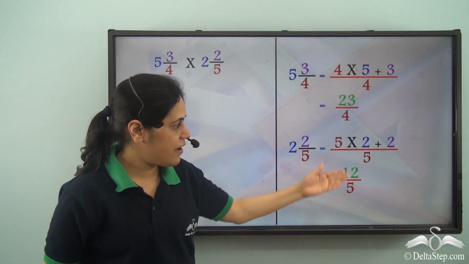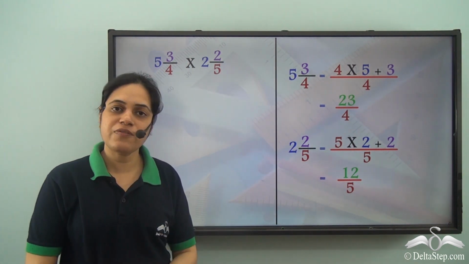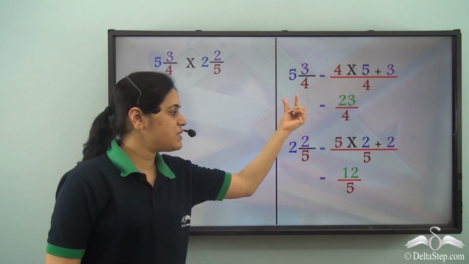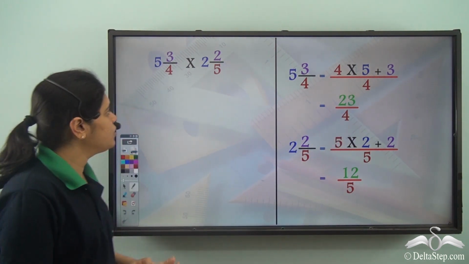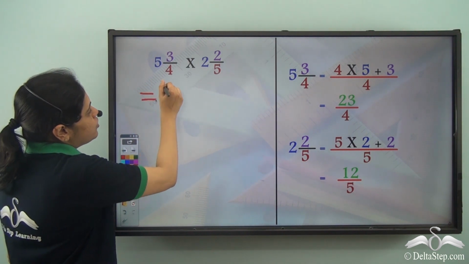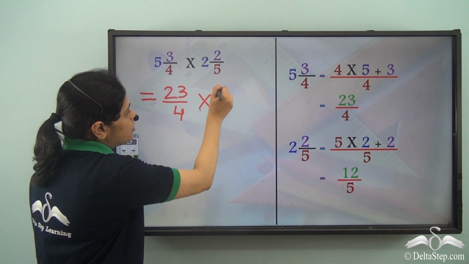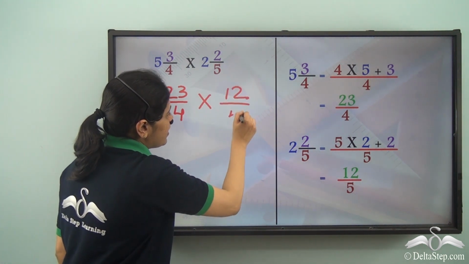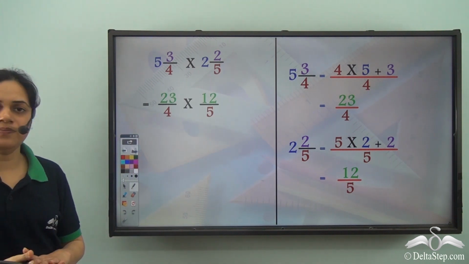Now I have these two improper fractions which are equal to these two mixed fractions. So, instead of multiplying these two, I actually need to multiply these two. So, I have 23 by 4 into 12 by 5. This is what I need to multiply.